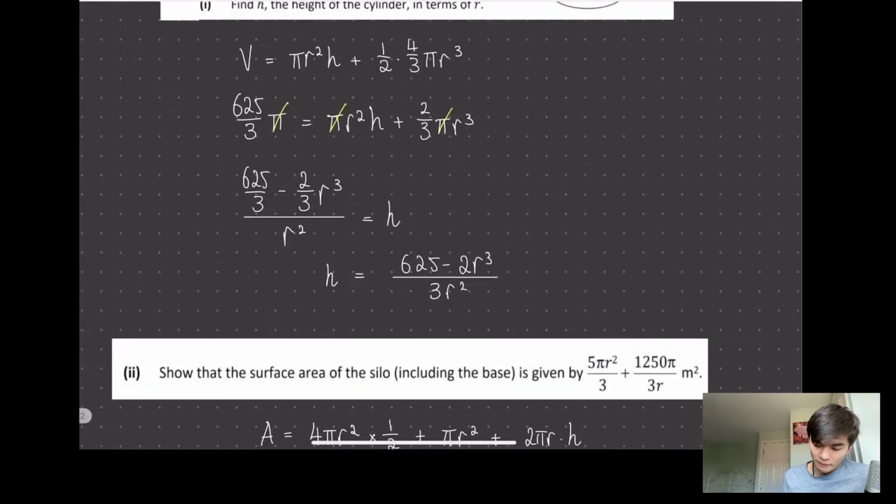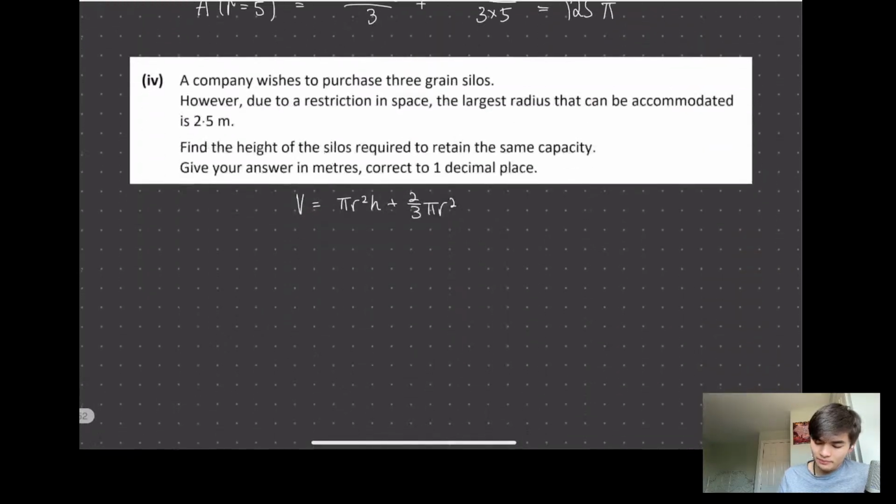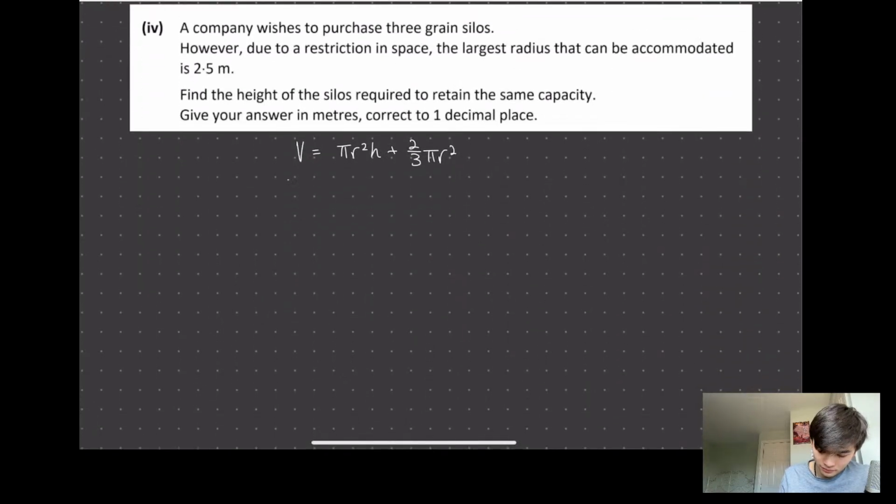And if we go back, the capacity was 625 pi over 3. Okay, and we know that r is 2.5, so that's going to place some limitations on this equation.